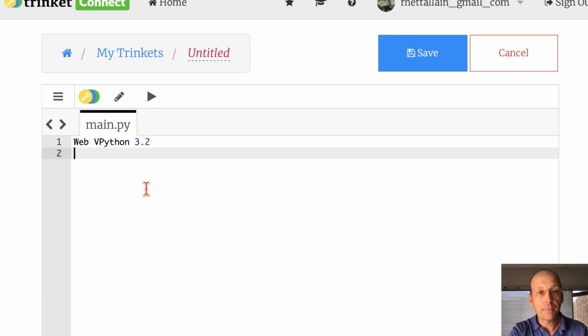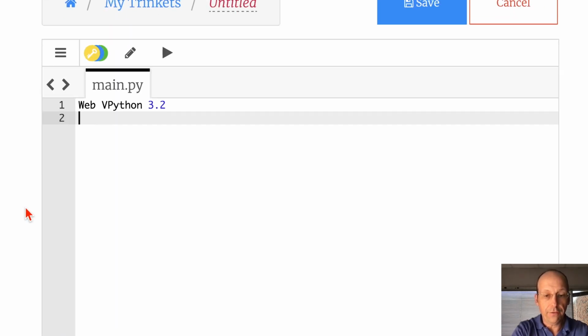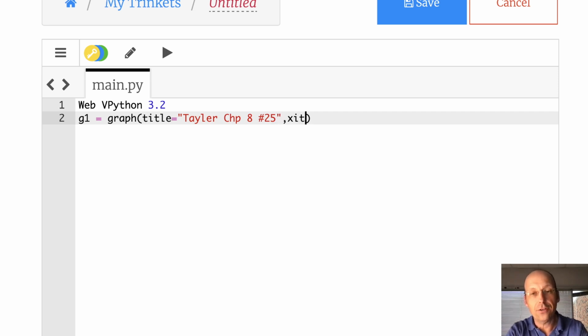So here we go. Let's start off with a graph. G1 equals graph, title equals Taylor chapter 8 number 25. What do you think about that? X title equals R, and we don't really have units in this problem, so I'm not going to pretend like they're meters or whatever.